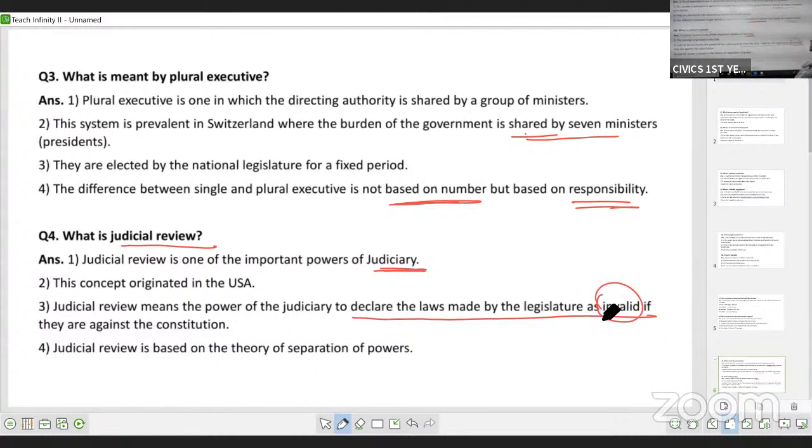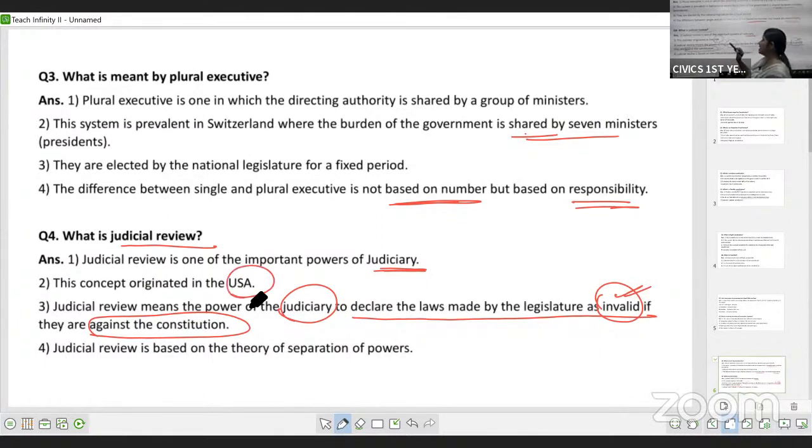If the laws made by the legislature are against the constitution, then the judiciary will declare those laws as invalid. This concept originated in USA, and it is based on the theory of separation of powers.